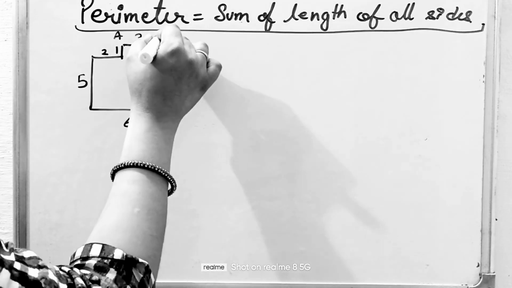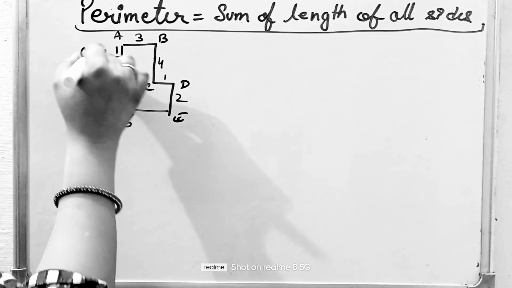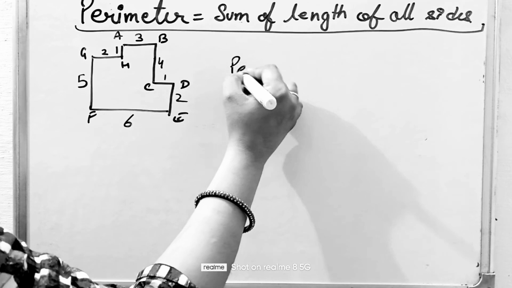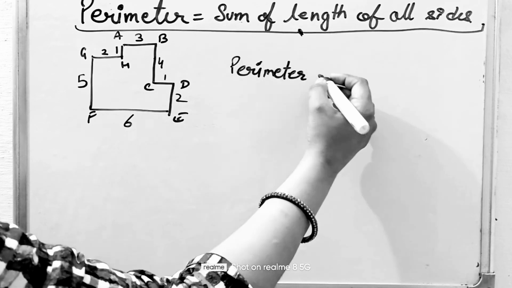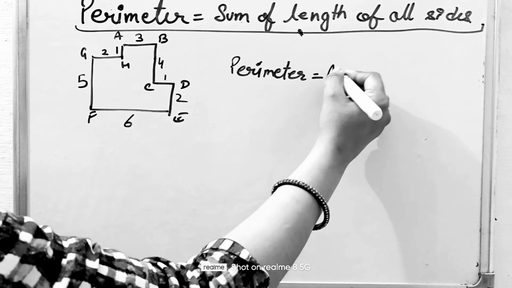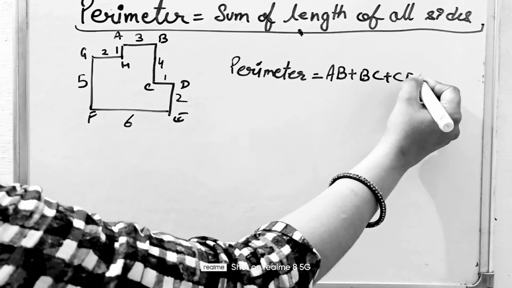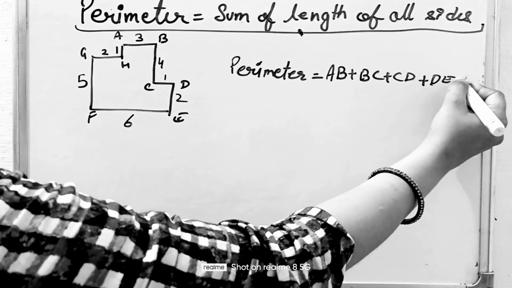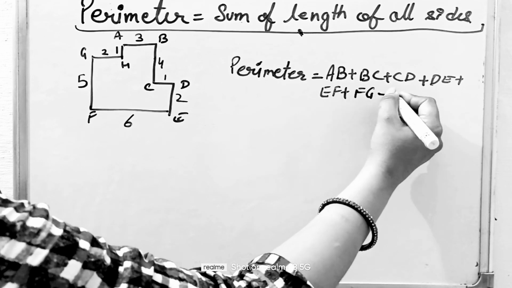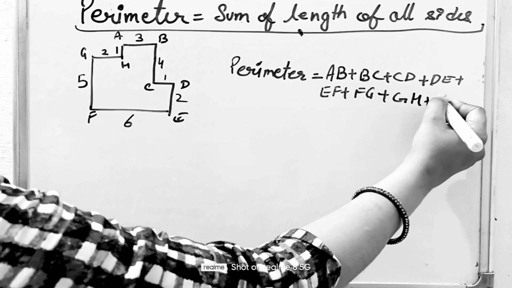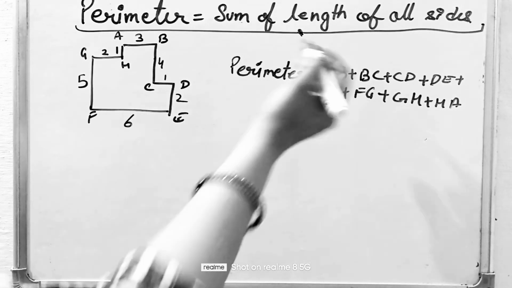What you can do to find out the perimeter is apply the general formula, this one, and write perimeter is equal to AB plus BC plus CD plus DE plus EF plus FG plus GH plus HA, and that's it, because AB is already there.